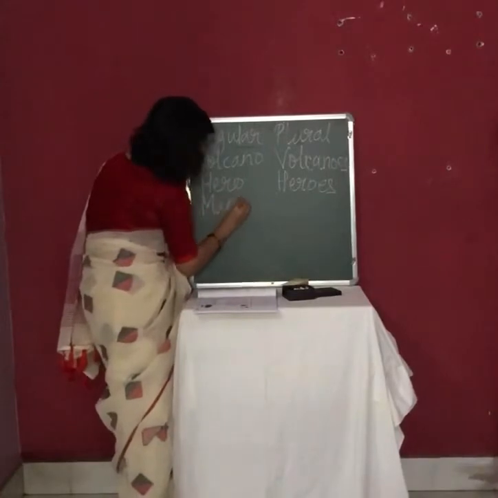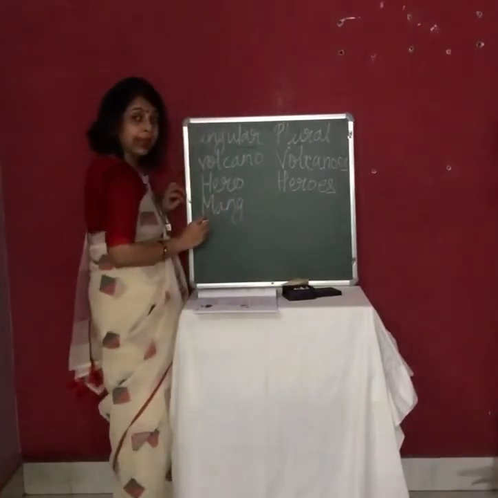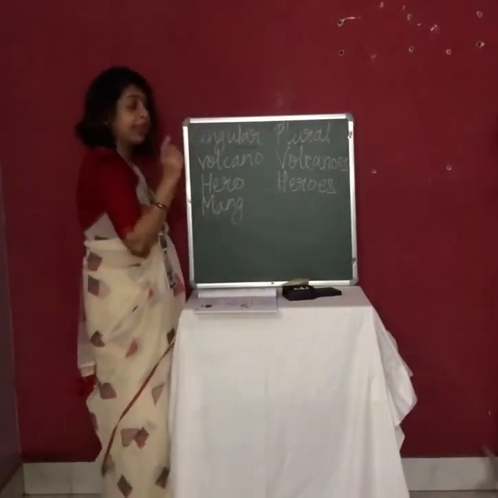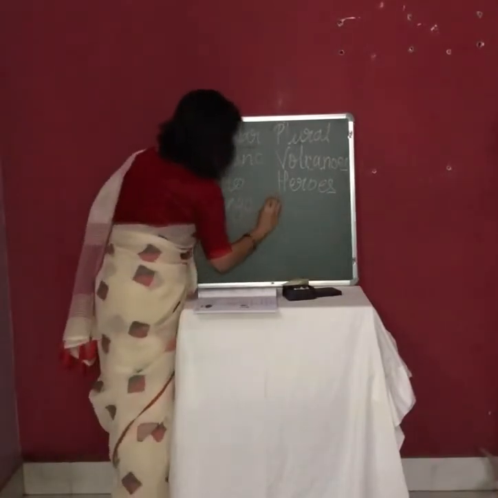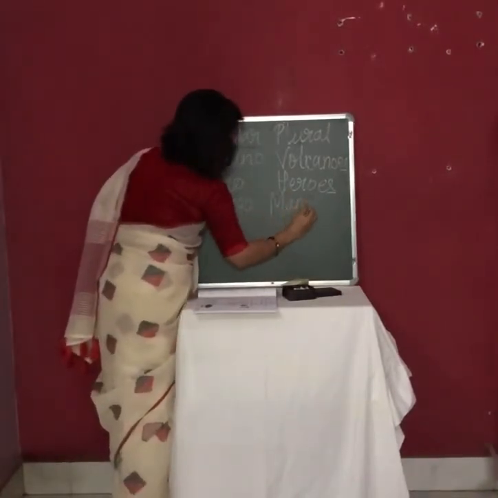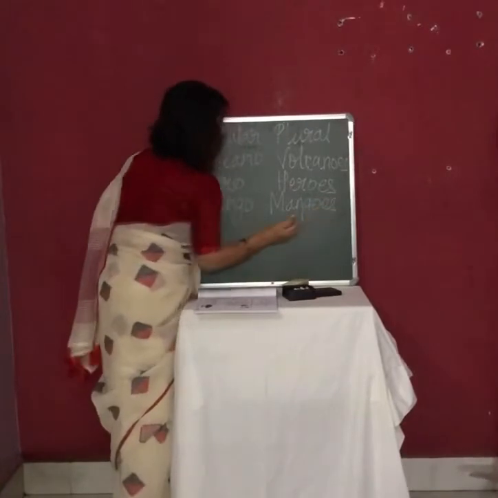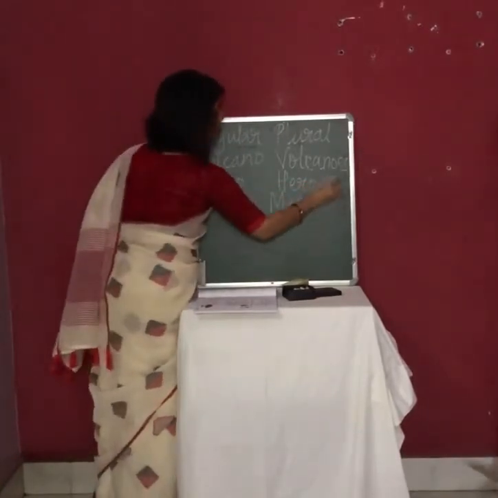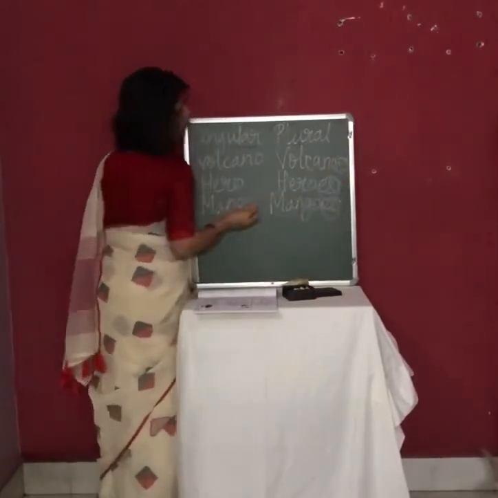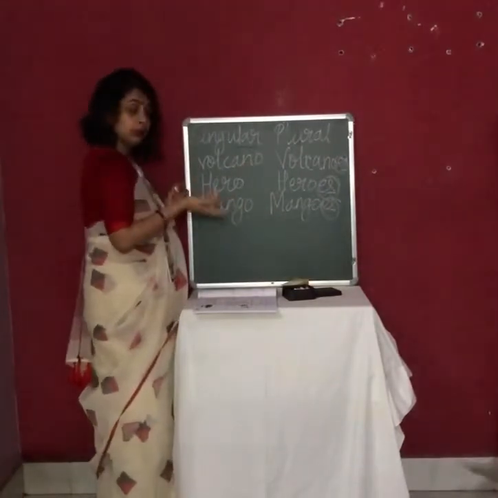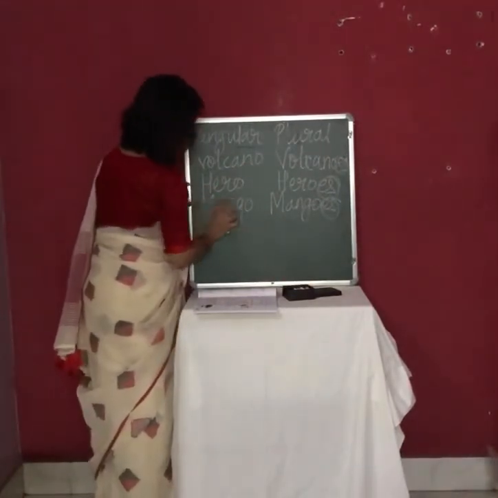Now, supposing mango, because I have seen potato, mango, all these spellings, at times you all make mistakes. So, when it is mango, M-A-N-G-O-E-S. Have you seen these changes? ES, ES after the plural word. So there is a change in the spelling.